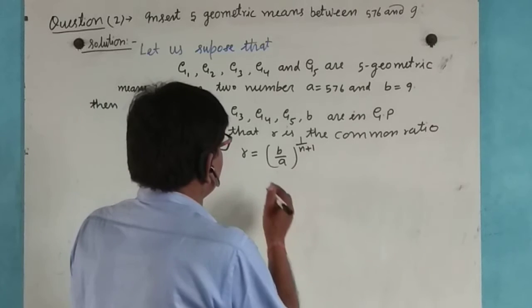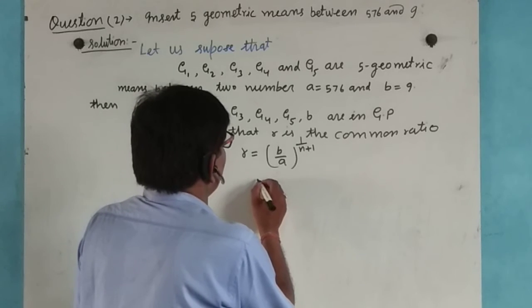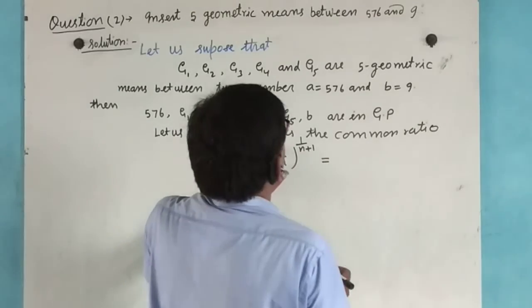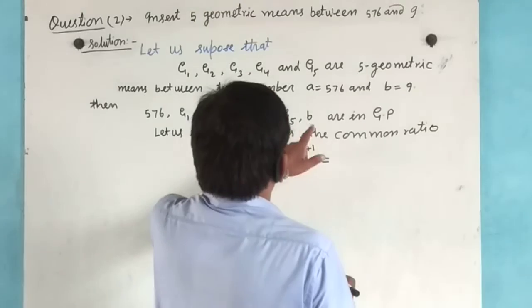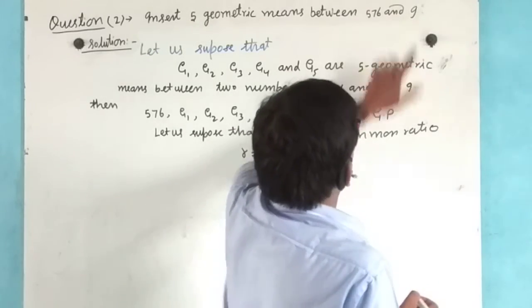Now in this case, putting the value here, B is the last term, B equal to 9.